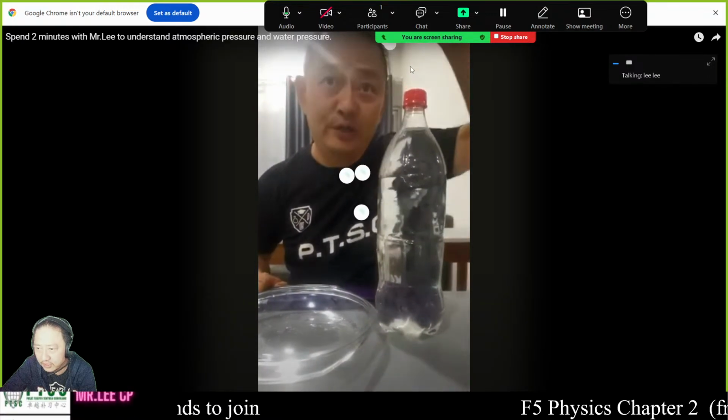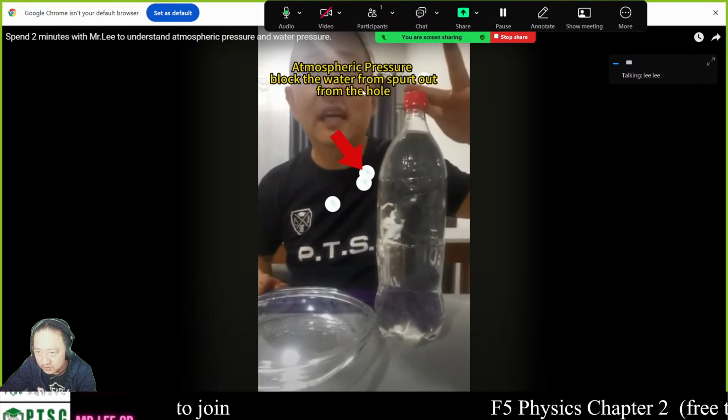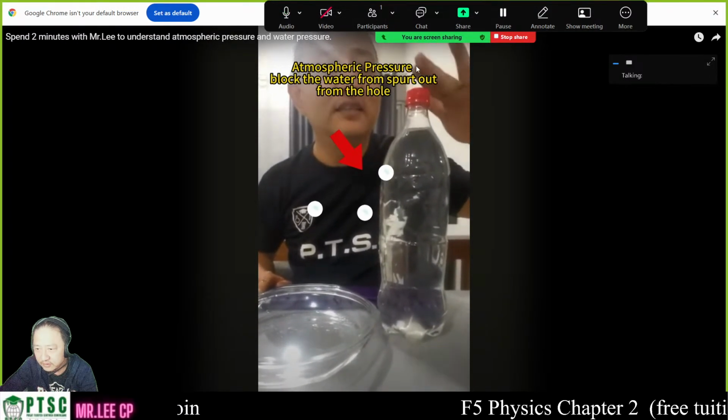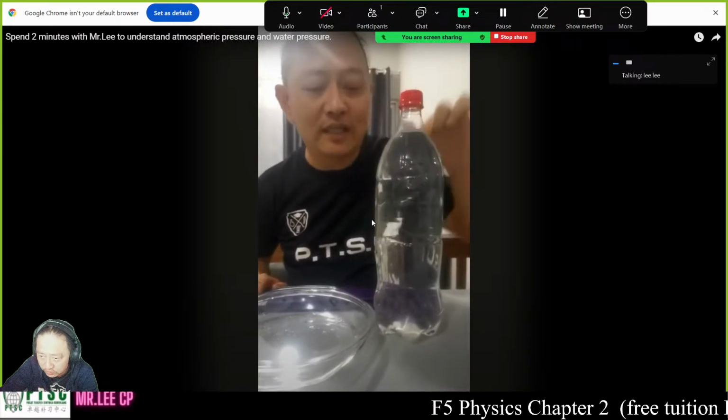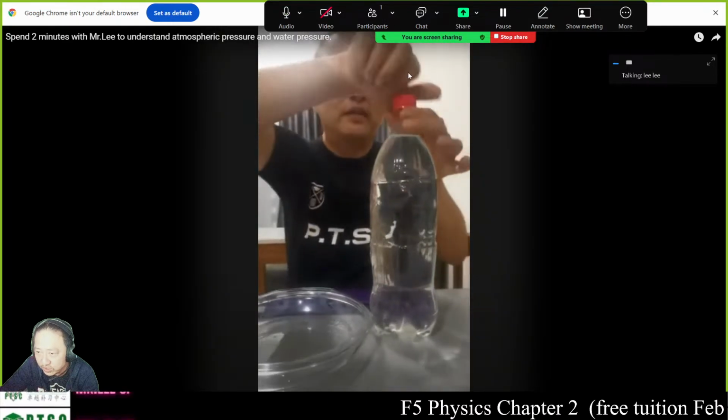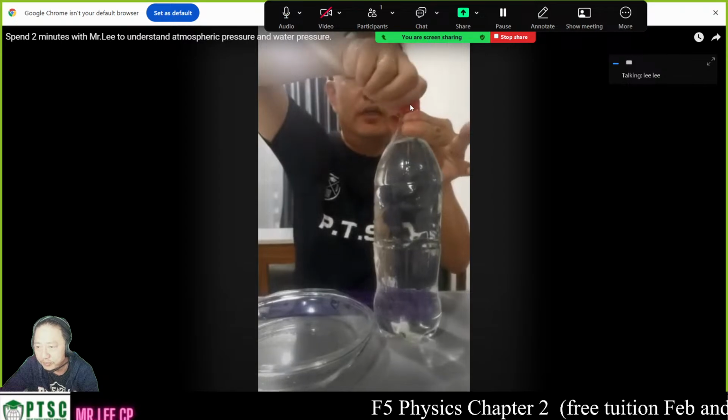Here there is atmospheric pressure, and this is a water molecule. The water will not spurt out yet, so you need the pressure from here. So I open it up.